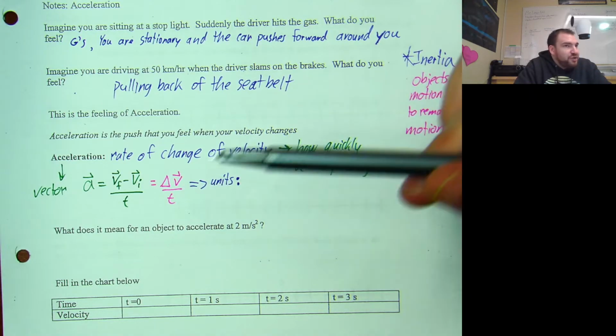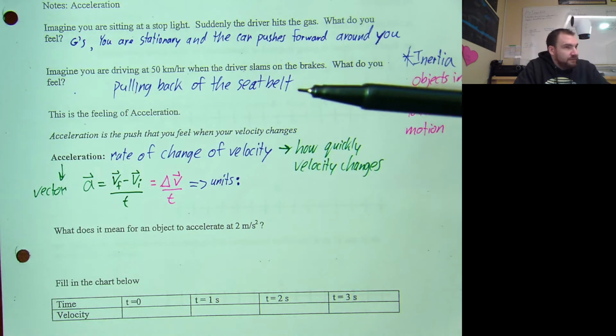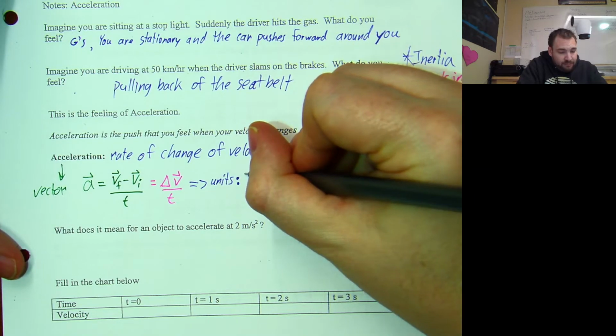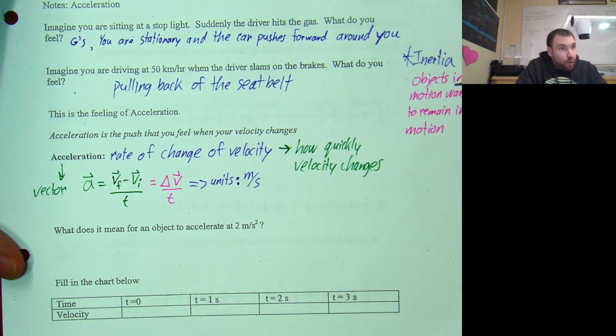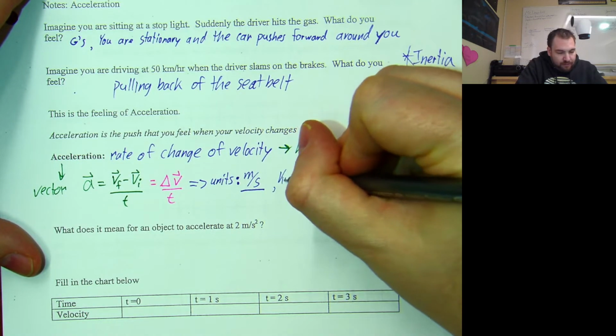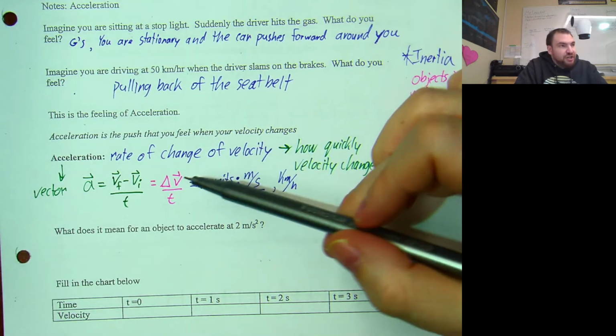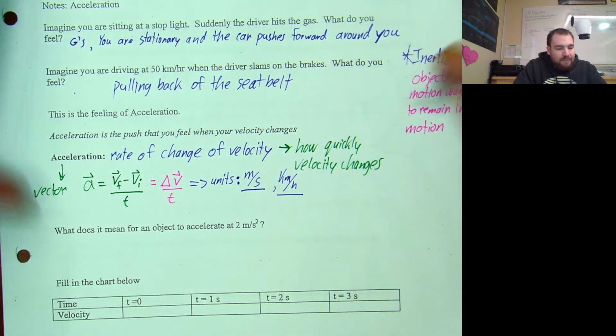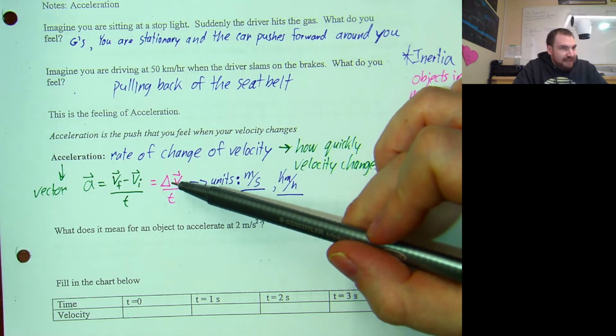Like what do we measure a velocity in? Meters per second. Or kilometers per hour. So our change in our velocity is also going to be measured in meters per second or kilometers per hour. But I'm also now then dividing that thing by time.